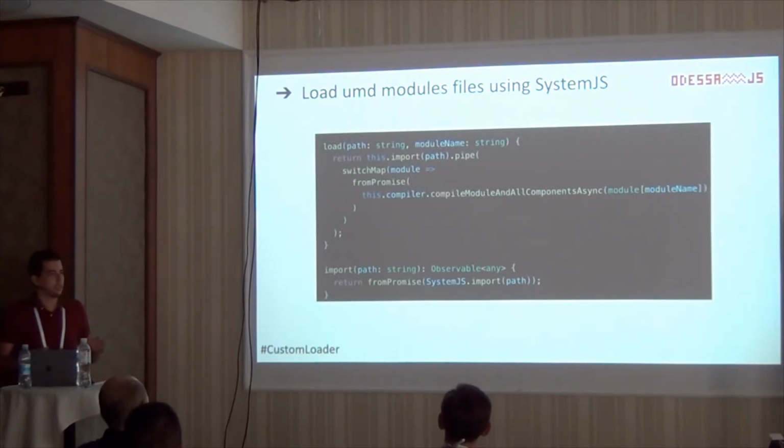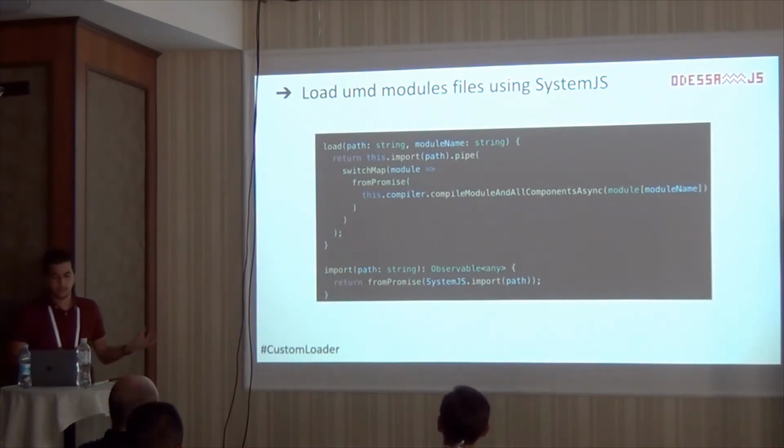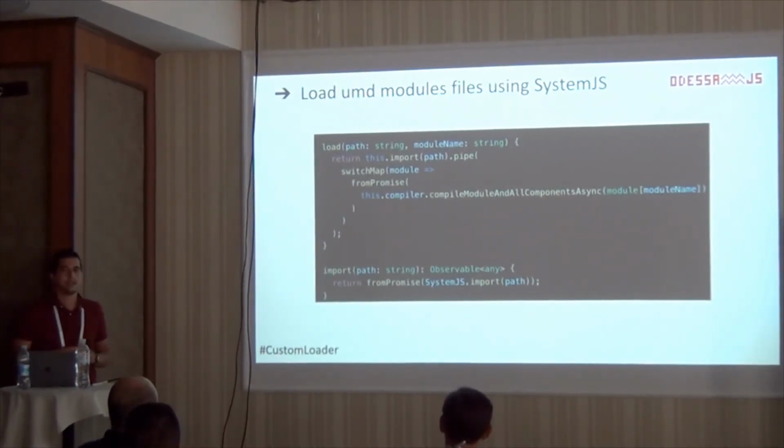So we need some JS loader, and we found that system.js fits our expectation. It's simple. We just call system.js.import at runtime, and you will get this JavaScript file, which will be deployed into a private CDN or installed on your server.